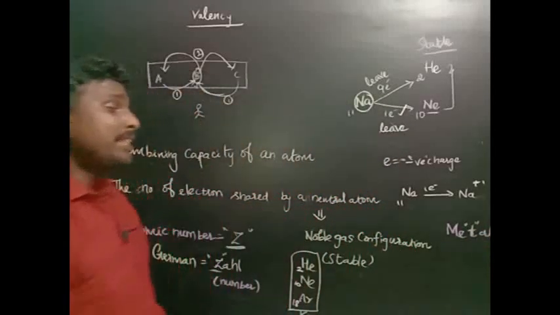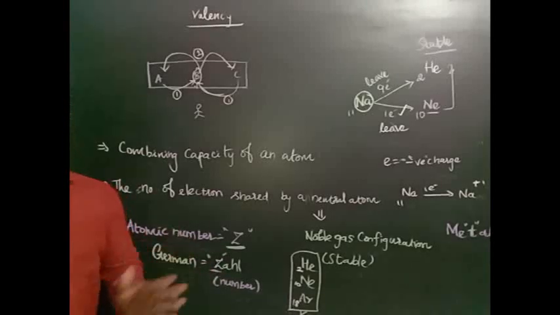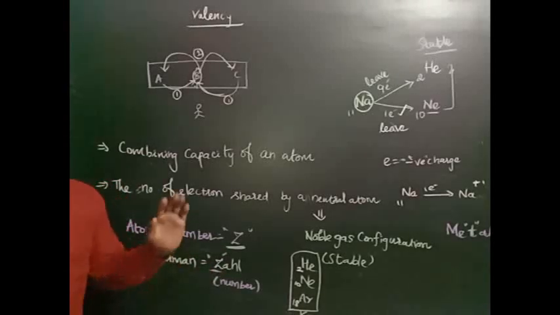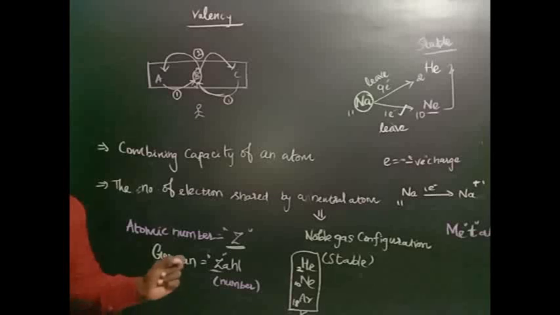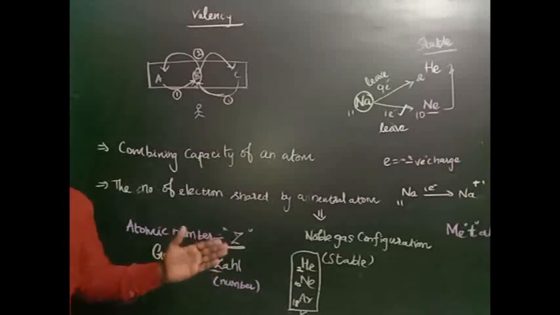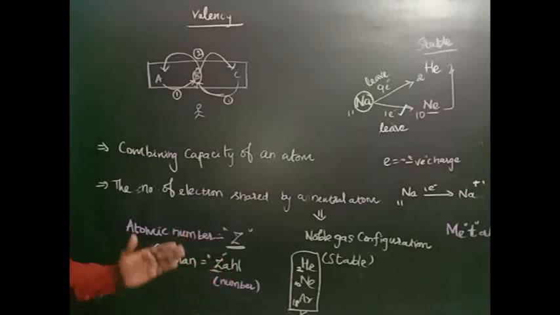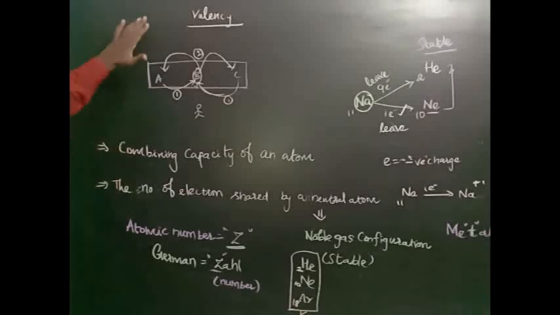So whatever elements I have mentioned with positive charges, they will be metals, right? So in a valency chart, in a valency column, if I have mentioned an element possesses positive charges, it has the probability to be a metal. Is that clear?